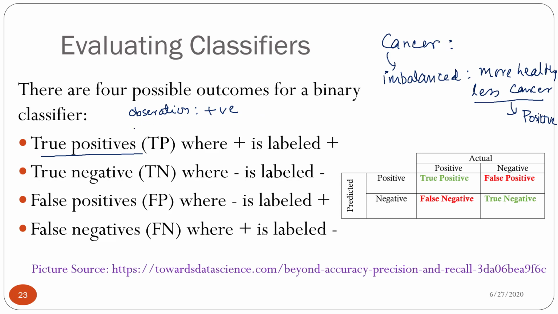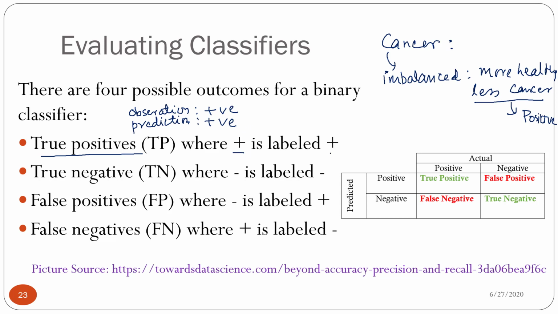That's the observation, and your prediction is also positive. So the reality, which is the fact that the data which we are testing using our classifier corresponds to a positive cancer case, and the result that we get after applying the classifier is also positive. That we will call a true positive.